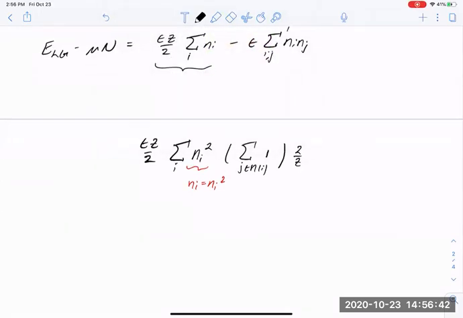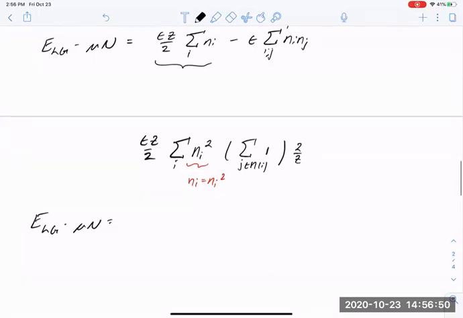Rewriting the argument of the exponential, I now have minus epsilon, which I can pull out of everything. I have a sum over i and j restricted. I have now an n_i squared from the chemical potential term. I have a minus n_i n_j from the interaction term.